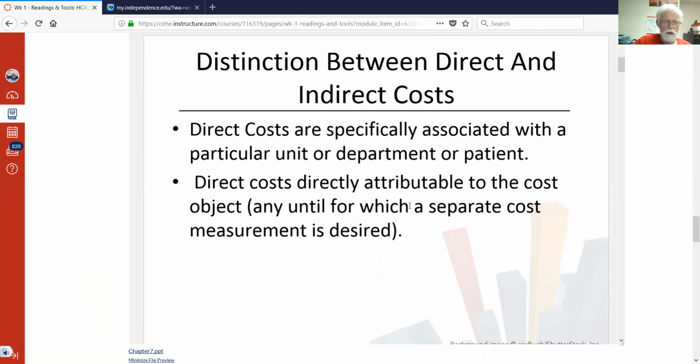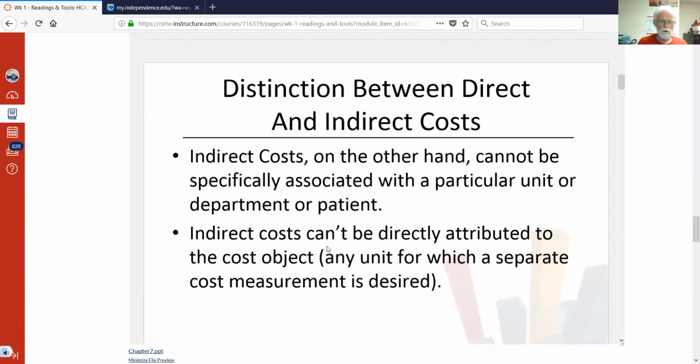Direct costs can be associated with a particular unit, department, or a patient, depending on how you want to arrange things. And those direct costs are those directly attributable to the object, which is to say unit, department, or patient.